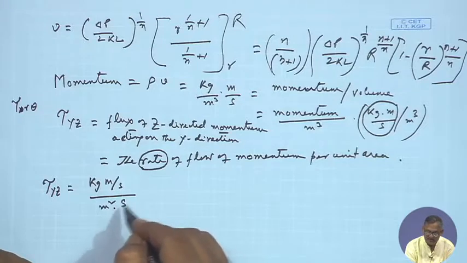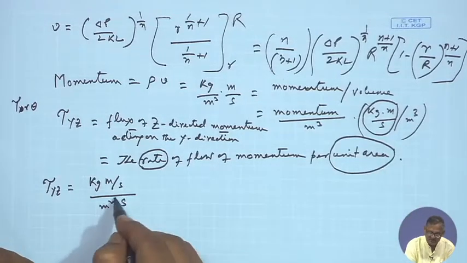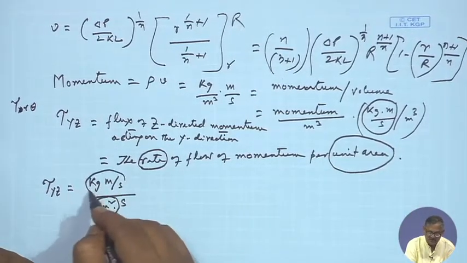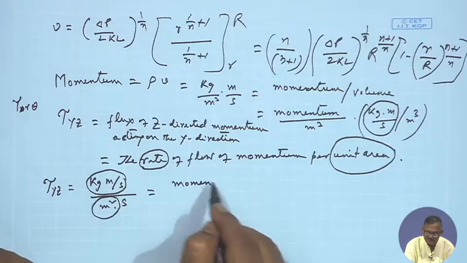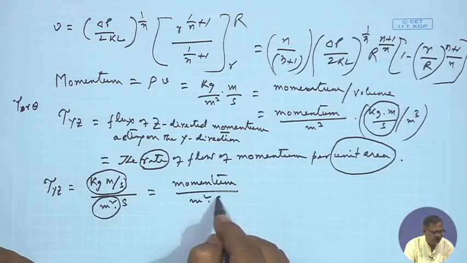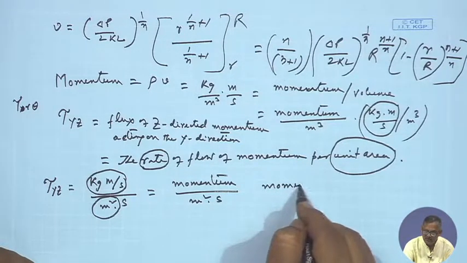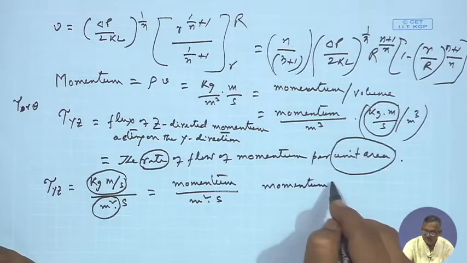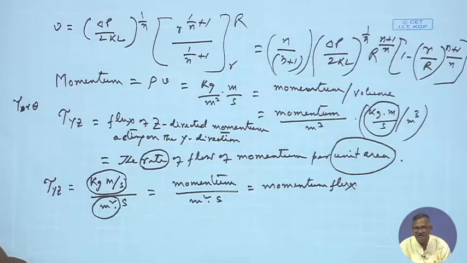Any rate is per unit time, and per unit area we have said. So, this is per unit area and this is the momentum. So, we can say momentum per meter square per second. That is why this is called momentum flux.